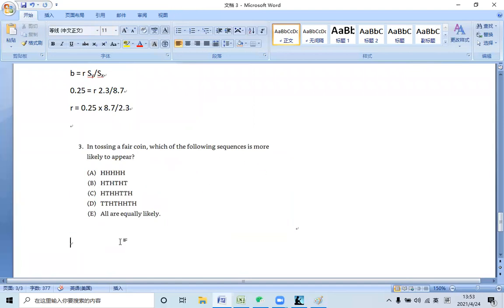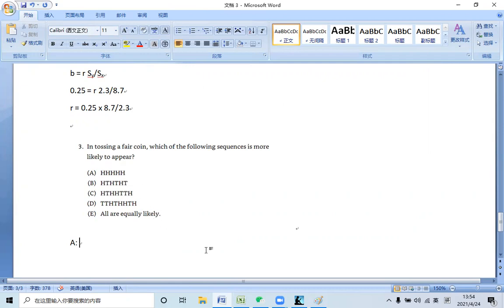All right, so we have all these sequences, like A. What would be the probability? Yeah, if it's a fair coin. Right. So let's see. What is the likelihood of this one?